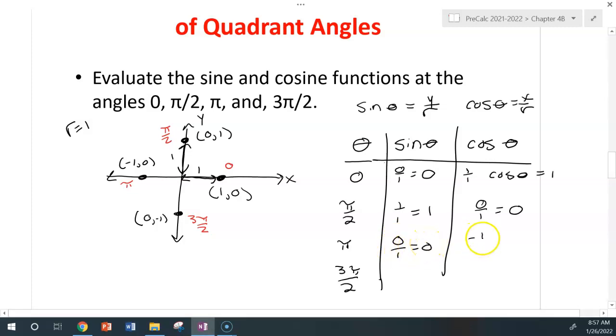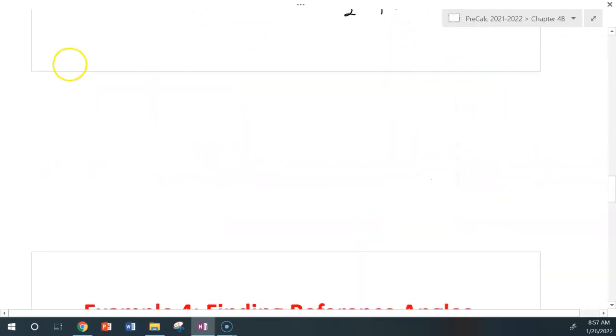Cosine of theta, negative 1 over 1 equals negative 1. Last one is 3 pi over 2. Sine is going to be negative 1 over 1, so that equals negative 1. And cosine is going to be 0 over 1, so that equals 0. Now we've got all of our functions.